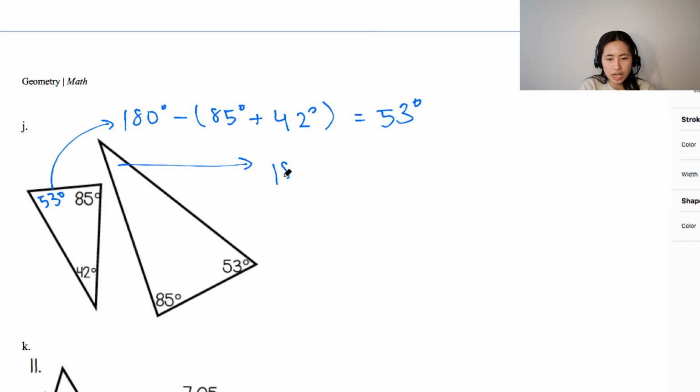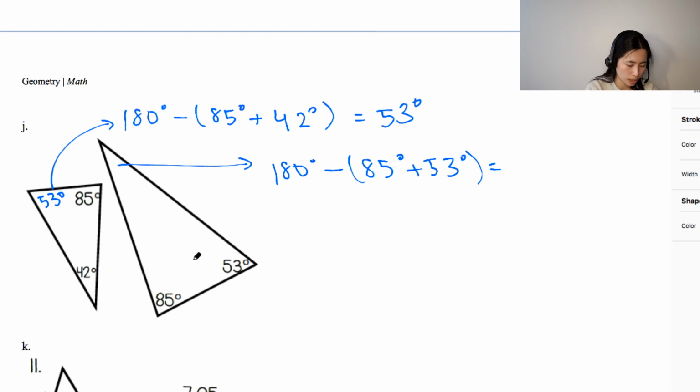So this is 180 degrees minus 85 plus 53. Yeah, I guess it's pretty obvious now, because if you have 53, the other one must be 42, right? So 180 minus 85 minus 53, that should be 42 degrees, right?